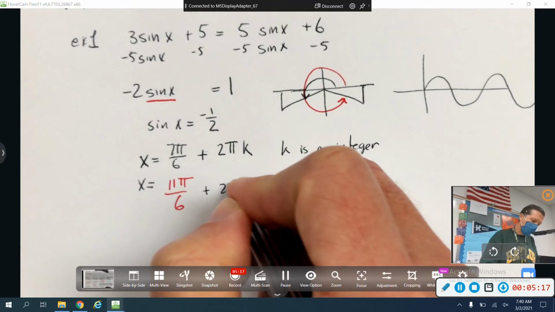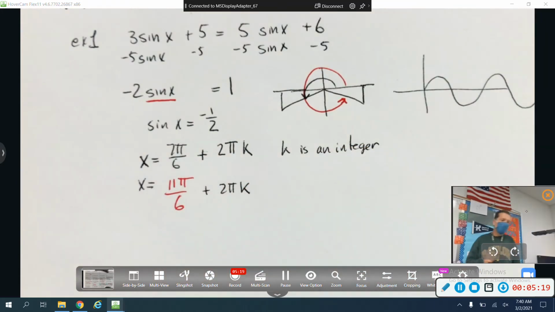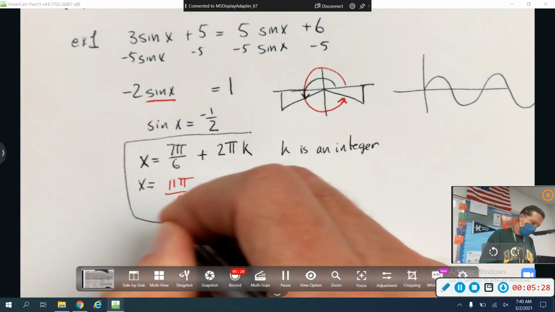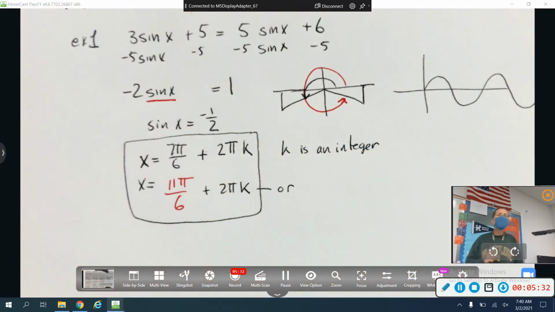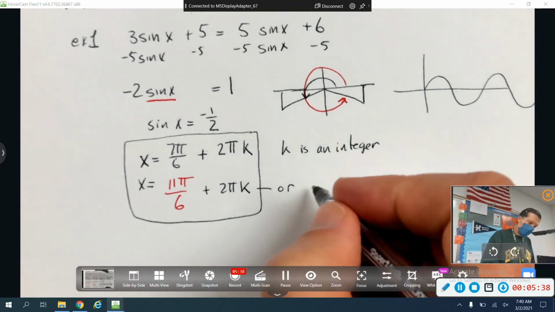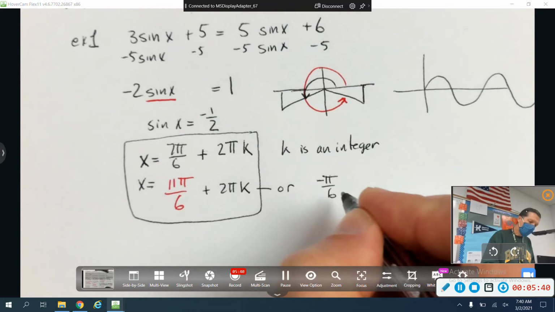Same thing with 11 pi over 6. Plus 2 pi k means you can add 2 pi or subtract 2 pi as many times as you like. By the way, on that second one, if we subtracted 2 pi, that would be negative pi over 6.